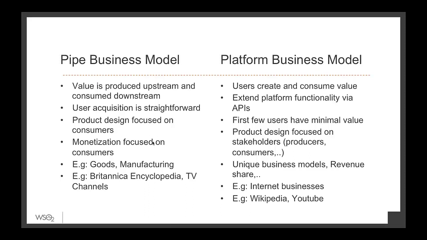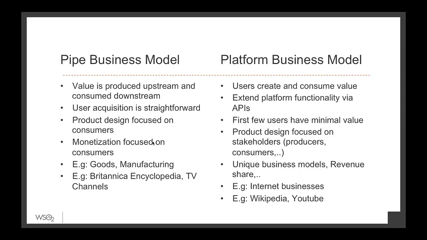So the value is basically produced upstream, and the value is consumed downstream. User acquisition is straightforward here. Right? So you basically go out and look for users. So the more consumers you have, the more successful your business might become. Product design is focused on consumers, so that's your key metric there. If you're going to build a product, you need to ensure that the most number of consumers will basically consume that product.